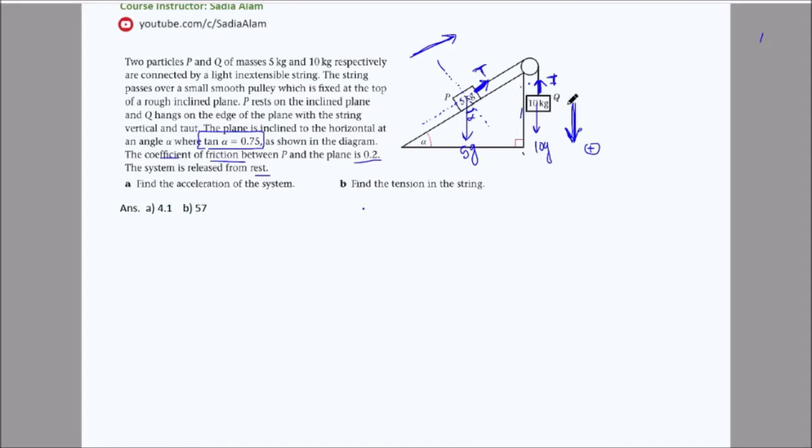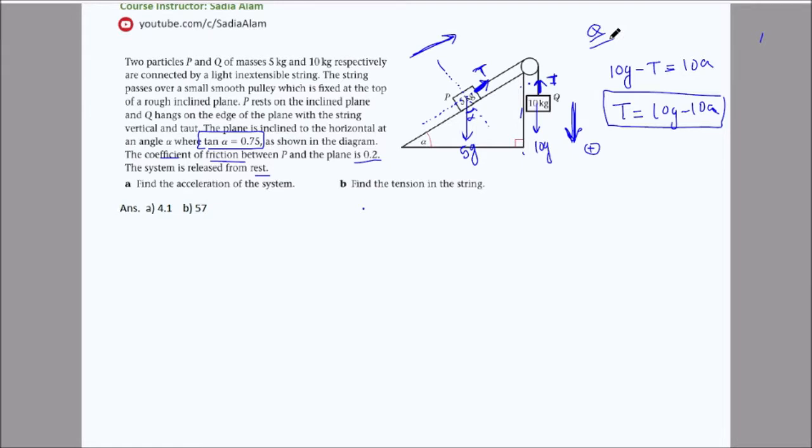So I'm taking downward positive for Q, so the equation will be 10g minus tension equals ma, so 10a. From this you get the first equation, 10g minus 10a. That's for particle Q.